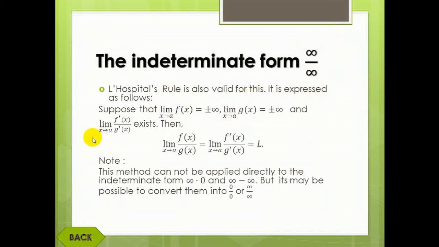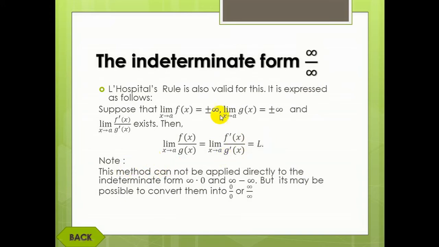It is expressed as follows: if the limit x approaching a of f(x) equals plus or minus infinity, and the limit x approaching a of g(x) is plus or minus infinity, and the limit x approaching a of f'(x) over g'(x) exists, then the limit of f over g equals the limit of f' over g'. So this is equal by L'Hospital's rule.